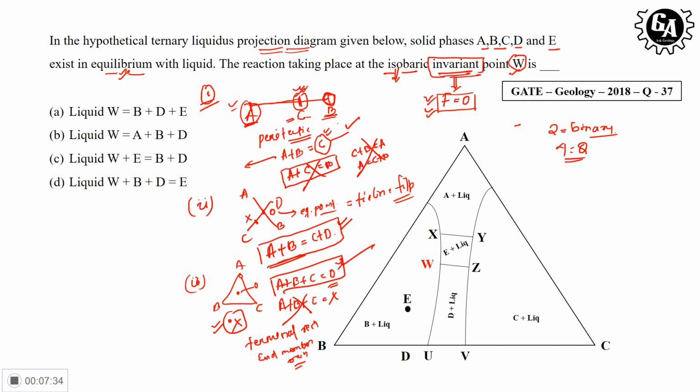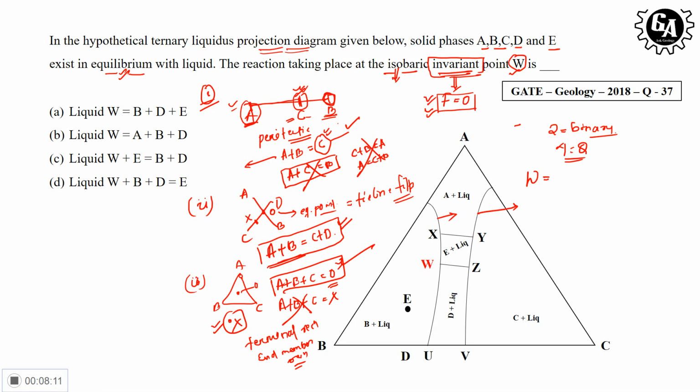So these three types of reactions are possible to define an equilibrium condition. In this question we have to find out what phases are present at point W. In this diagram you will be looking at the equilibrium reaction at a particular point like X, Y, Z and W. You will also have to write down the equilibrium reaction on the cotectic curves, or whether they are showing any kind of peritectic relationship.